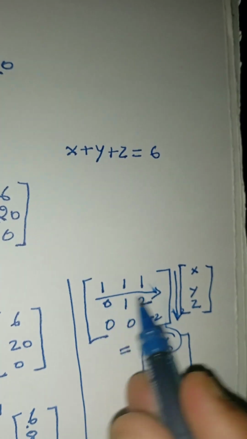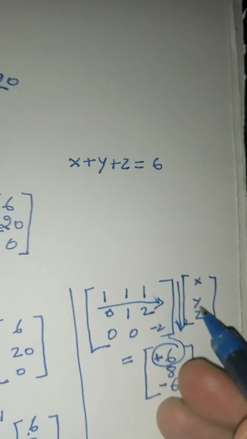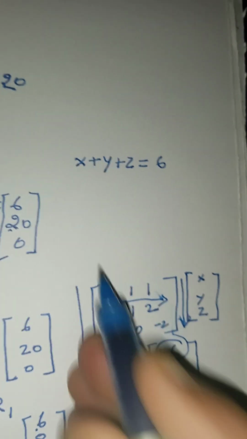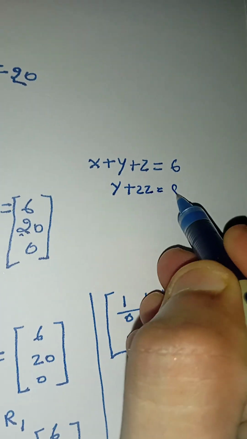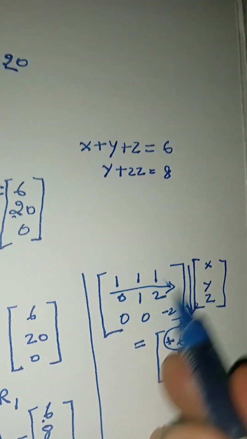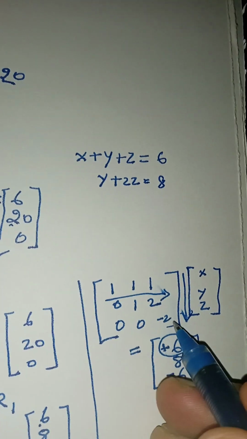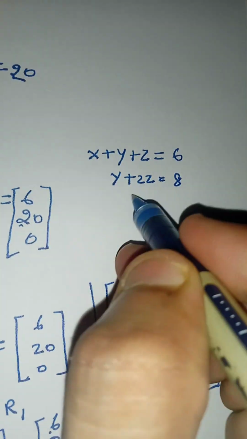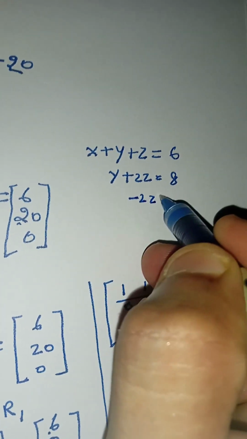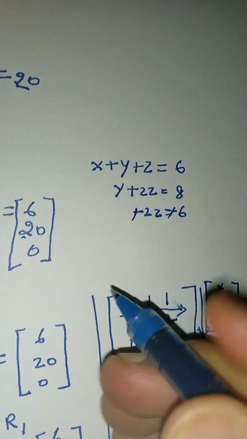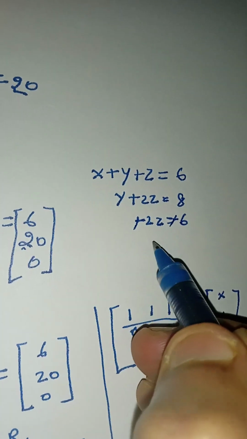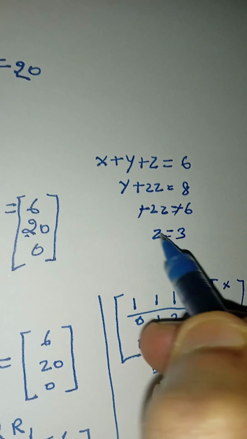Similarly here, y plus 2z is equal to 8. Similarly here, minus 2z is equal to minus 6. We can easily cancel out the minus signs, and we get our z value, which is 3.